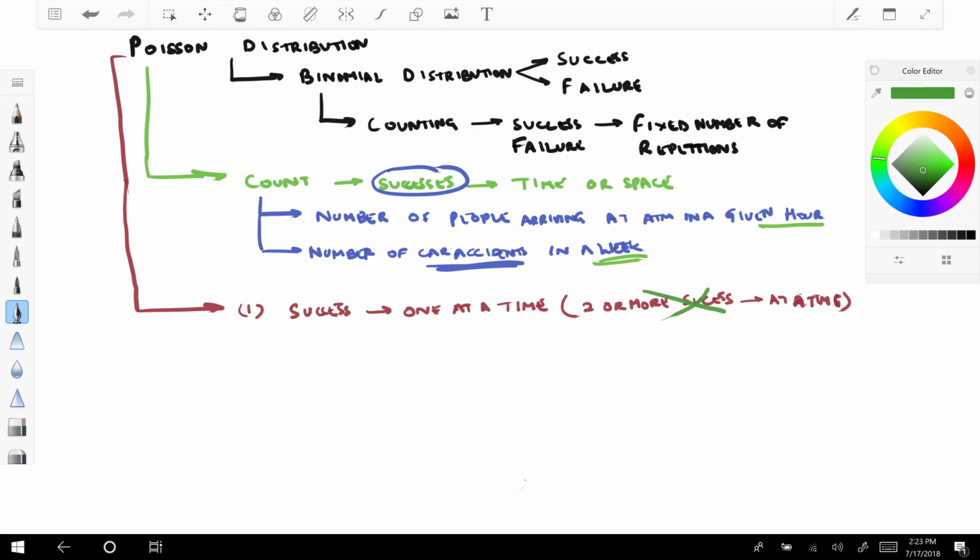So one success can happen at a given time. In our ATM example, only one person can use an ATM counter. That is, one person can arrive at a time. Two or more people cannot use a single ATM counter.